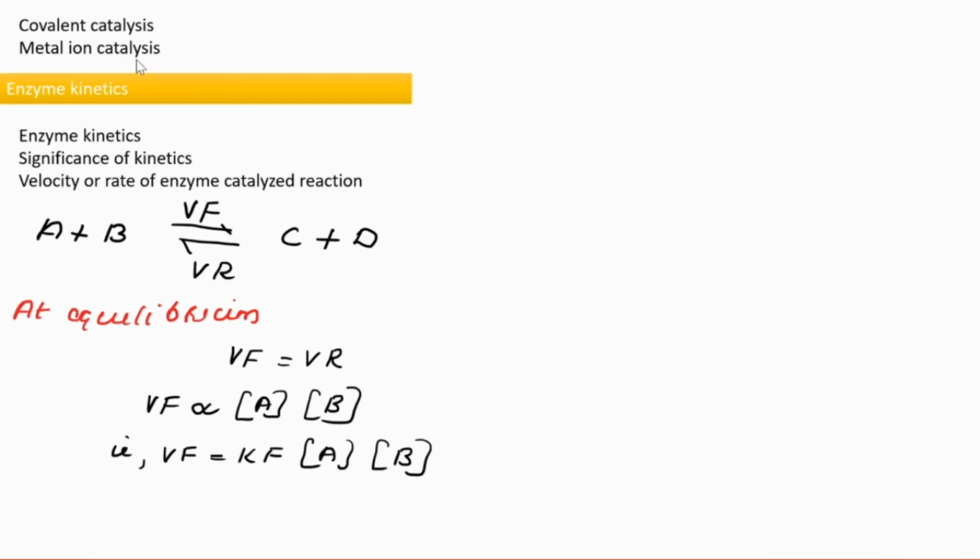Metal ion catalysis means some enzymes need the presence of certain metals to facilitate the speedy formation of products. These ions help the enzyme establish weak bonds with the substrate to facilitate the fast conversion of substrate into products.